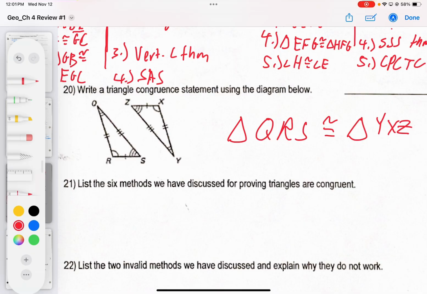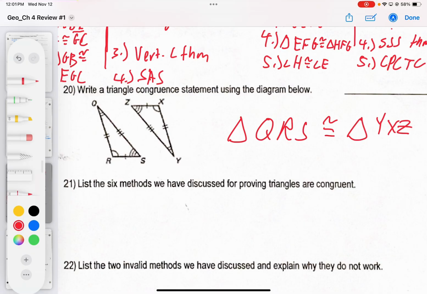What are the 6 methods we use to prove triangles congruent? SSS, SAS, ASA, AAS, HL. Good. What's the last one? Not CPCTC, not SSA.